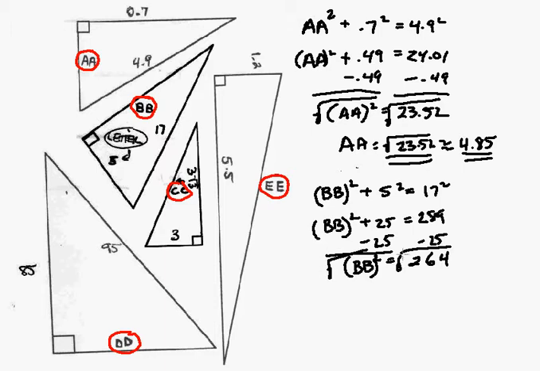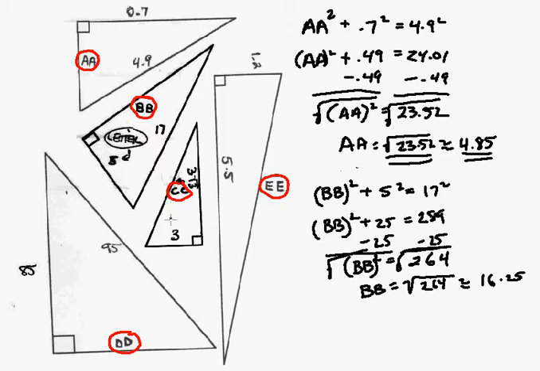Square root both sides. So BB is equal to the square root of 264, which is approximately 16.25. Okay, so that's BB.